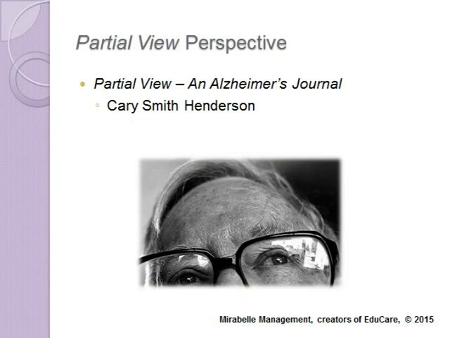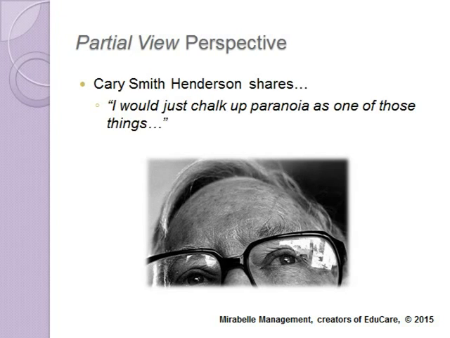In the book Partial View, an Alzheimer's Journal, Carrie Smith Henderson, who has been diagnosed with Alzheimer's disease, writes in his journal about his experience with paranoia and feels it's just basic for those with the disease. Carrie Smith Henderson shares, and I quote, "I just chalk up paranoia as one of those things which is basic to Alzheimer's people.